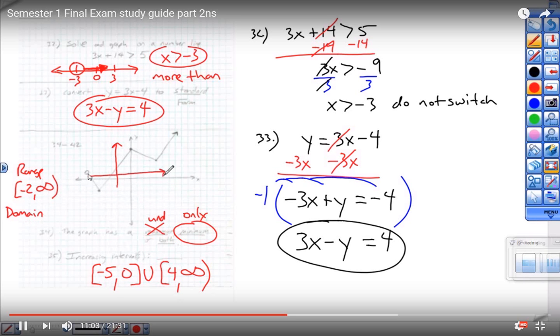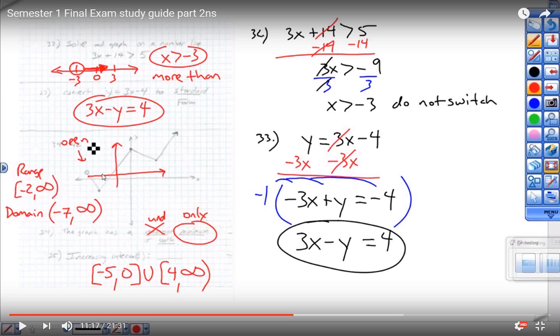Domain is measured left to right where it lines up with the x-axis. So for domain, this measures from negative 7, rounded parenthesis here because of that open circle, to infinity to the right. So again, range from bottom to top, lined up through the y-axis from negative 2 to infinity, rounded.